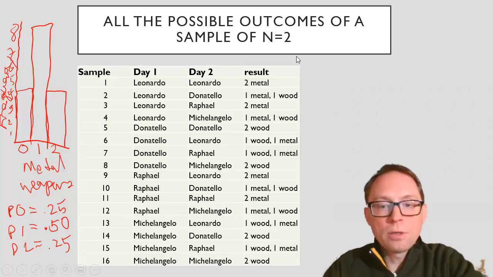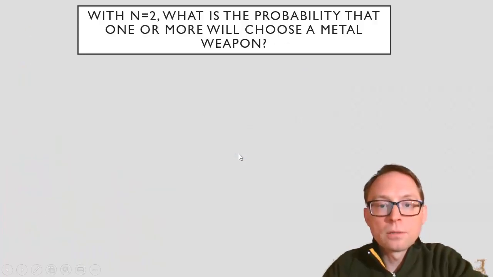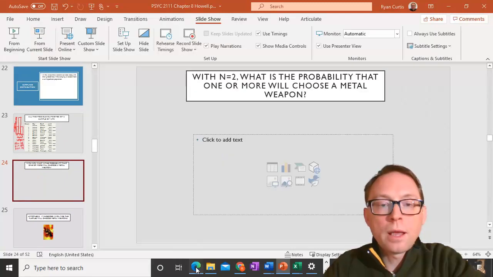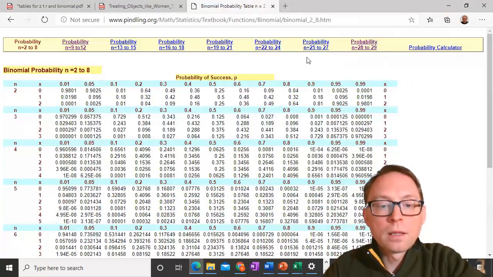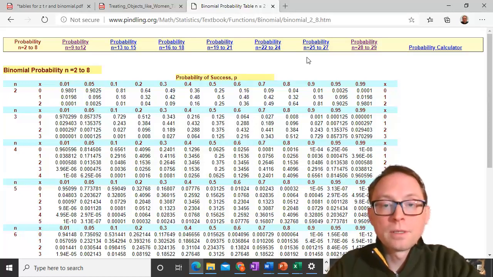Now, here's what we're going to do. Let's take a look at this. Does this look familiar? This is the binomial distribution.